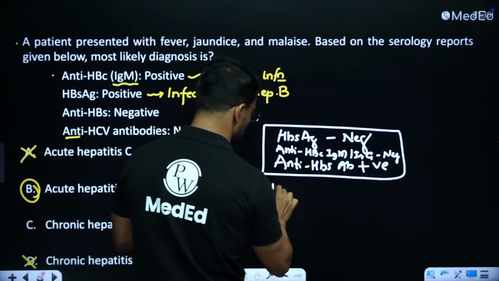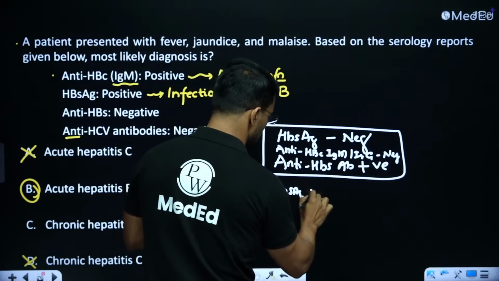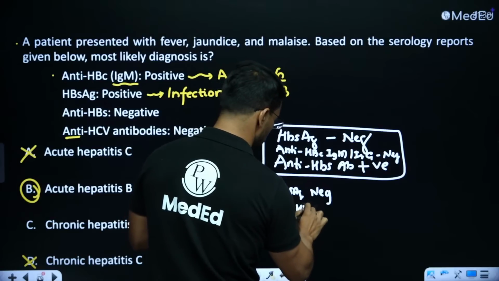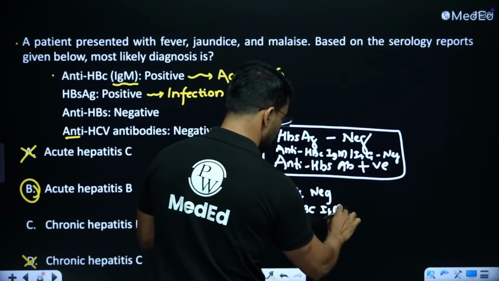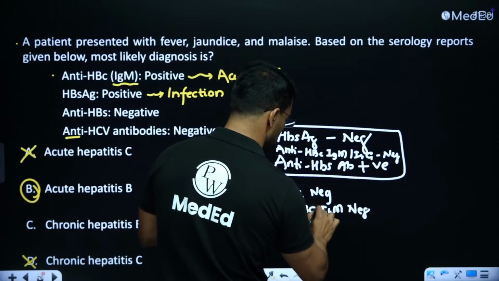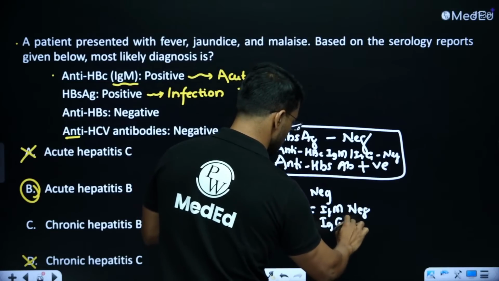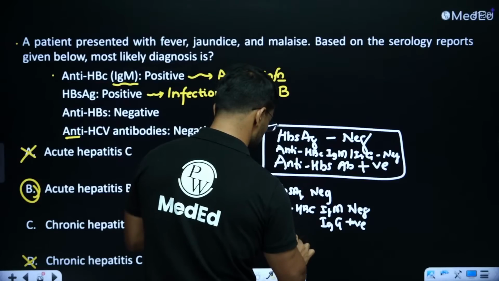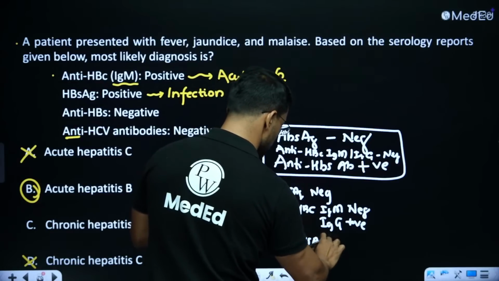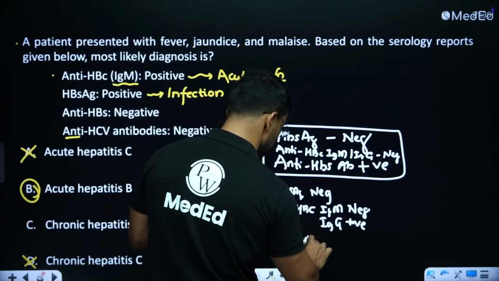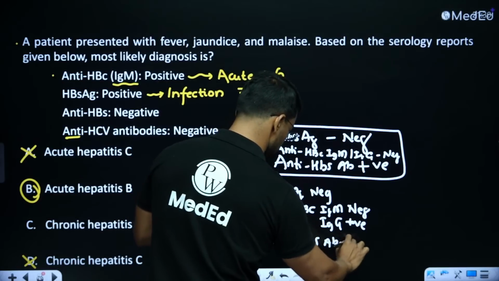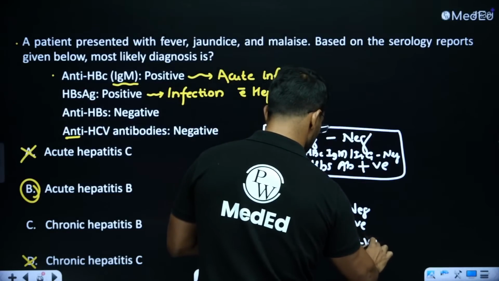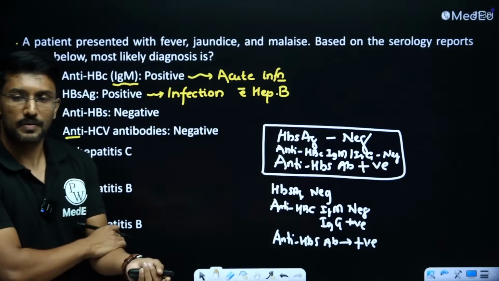And I have one more patient with HBsAg negative, anti-HBc IgM negative but IgG positive, and anti-HBs antibody positive. So what do you think is the first circumstance?